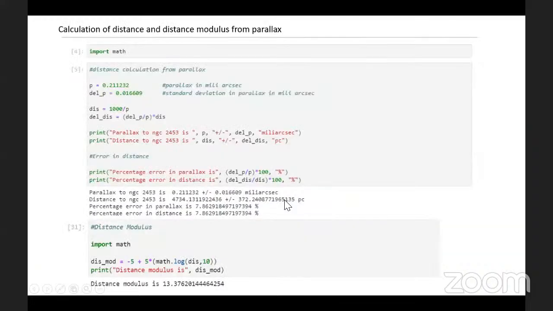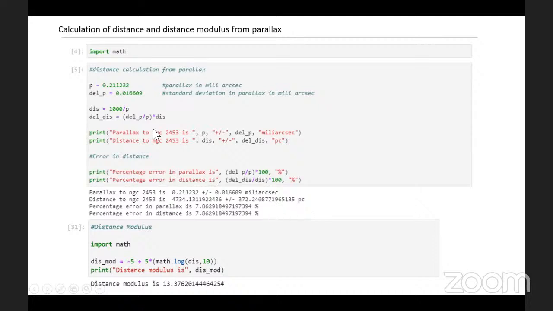Going ahead, I have used Jupyter Notebook to do the calculations of the distance modulus and everything. First putting in the values we get from mean parallax and standard deviation, we have got a distance of 4734.1311 plus or minus 372 parsecs.